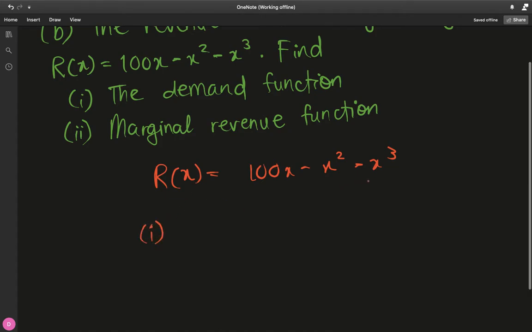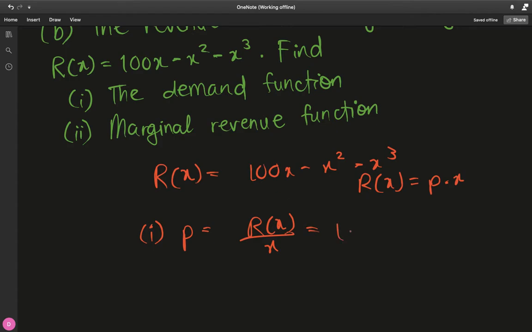If you remember, the revenue function was the demand function small p multiplied with the number of commodities you sell. So the demand function will be the revenue function divided by x, and when you do that you'll have 100 minus x squared.